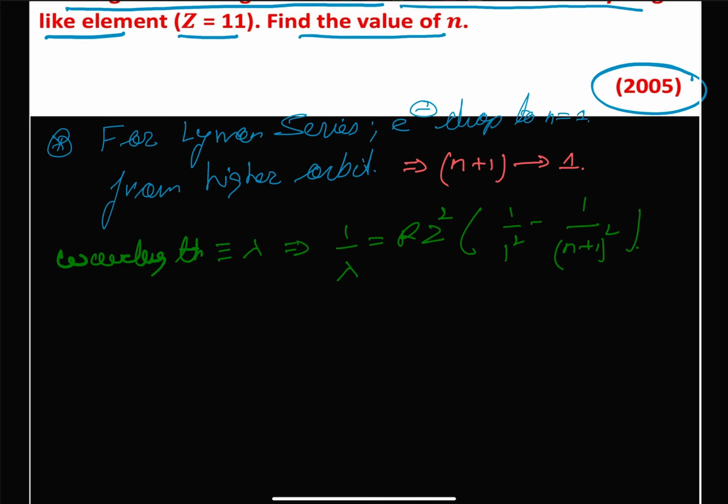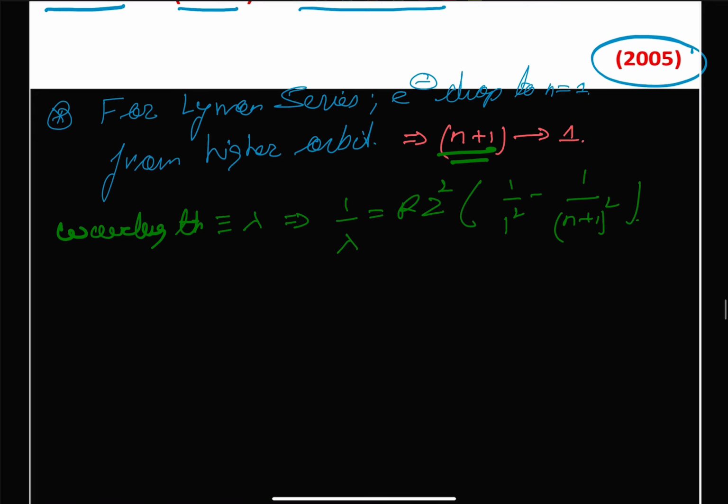And for the orbit of this n plus 1 level, we can write the formula for our de-Broglie wavelength. Value of Z is given to us, but anyways we can sort it out later also.